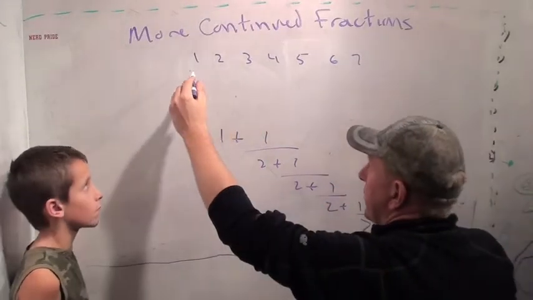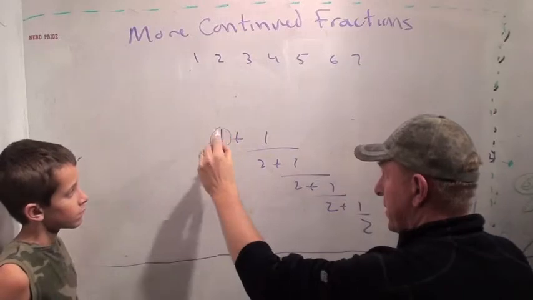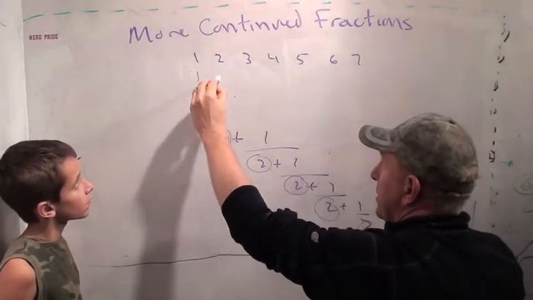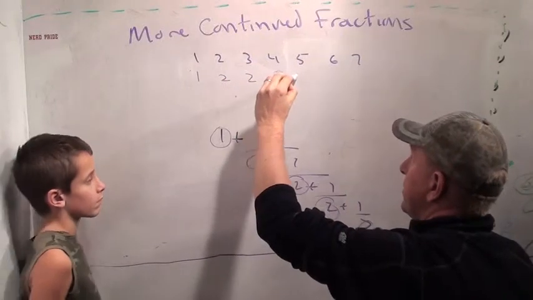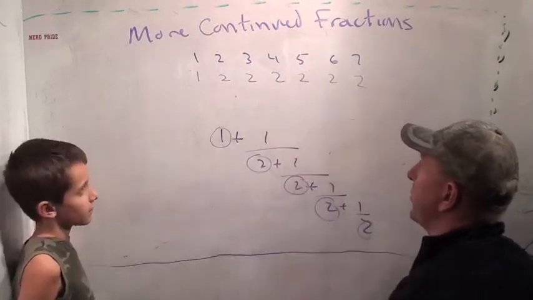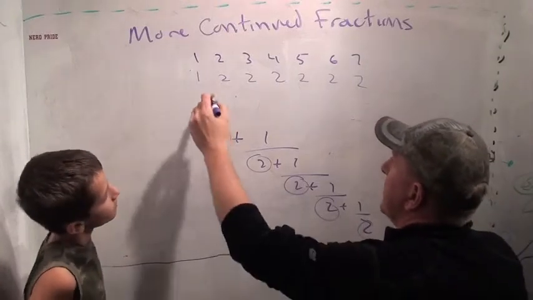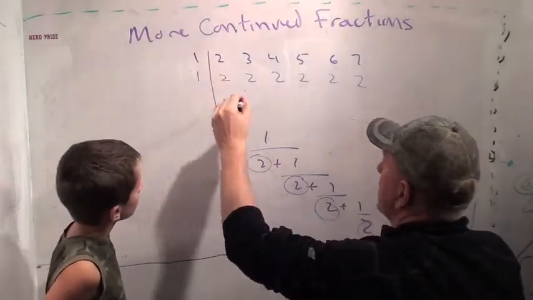Okay? And then we write down these numbers. So here I'm just going to write 1, 2, 2, 2, 2, 2. So no matter what, I'm always just writing 2. Okay? And then we have our special trick that we do.